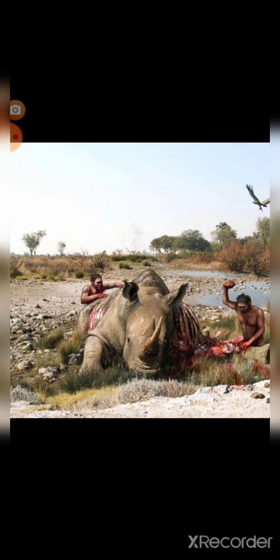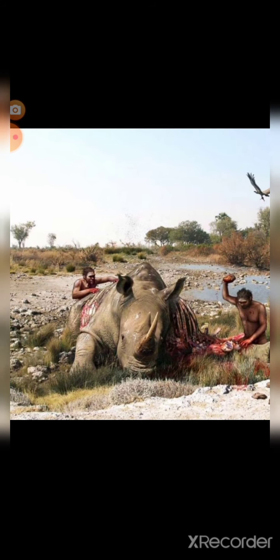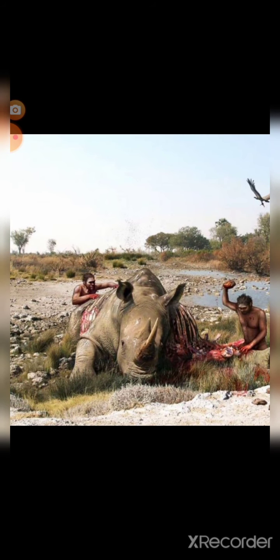This is the picture of ancient human life, early human life. These early humans lived in forests.